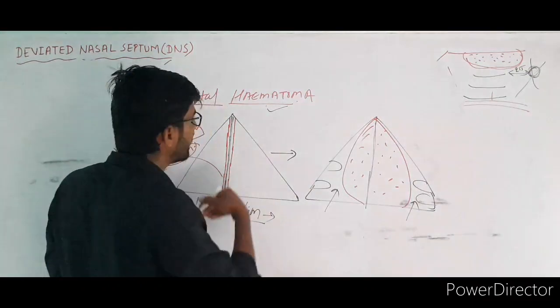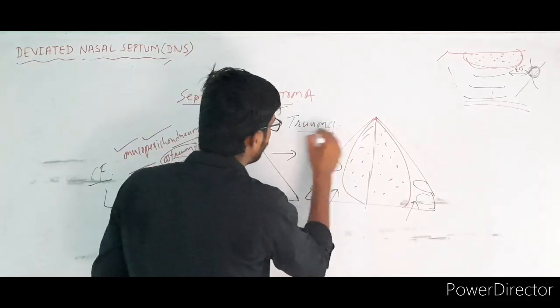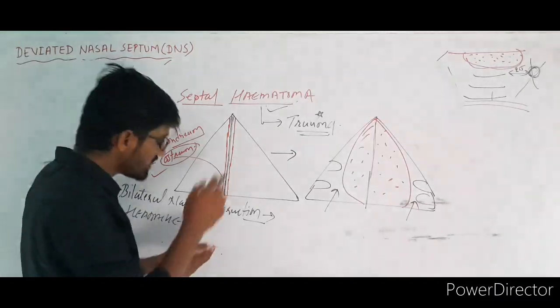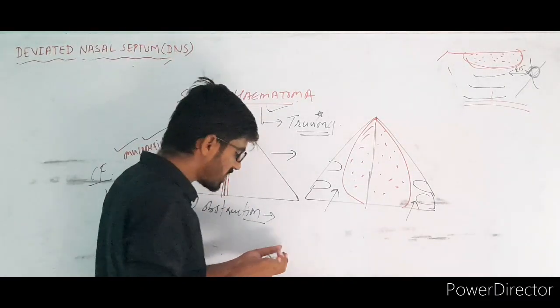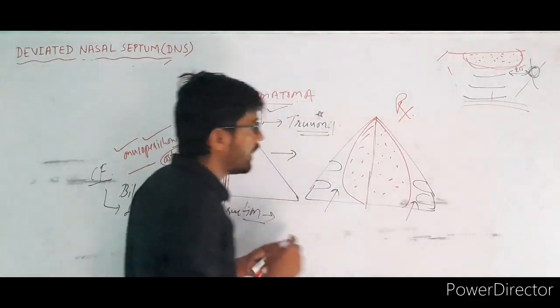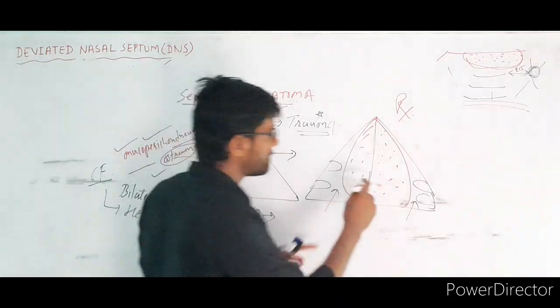Now, why does this occur? This is due to trauma. Now, tell me one thing. What is the treatment for this? Can you tell me the treatment? What do we have to do? We have to drain the hematoma.